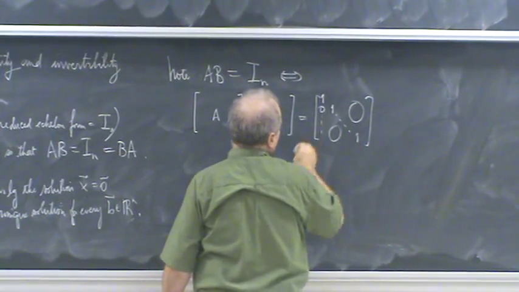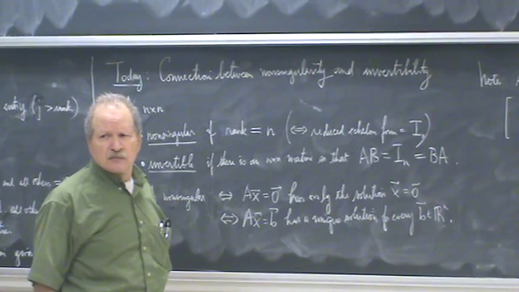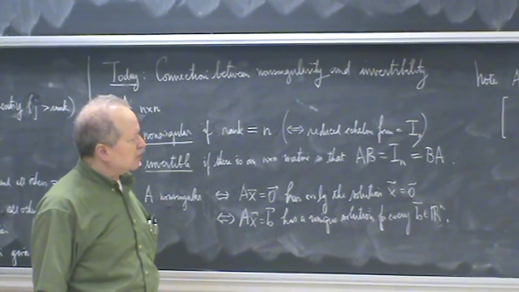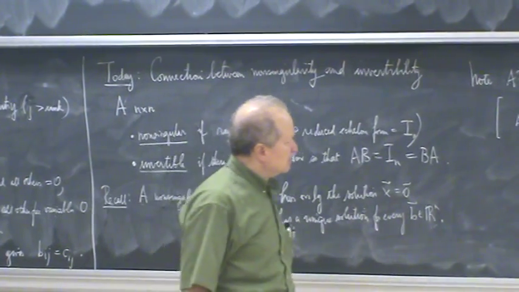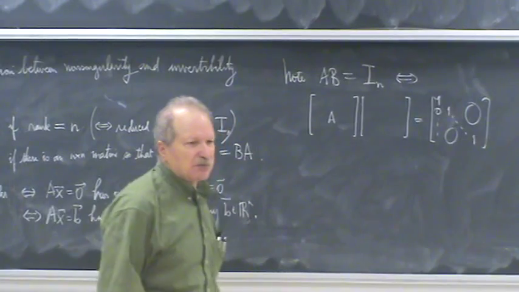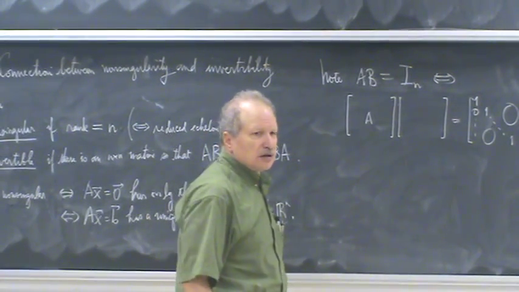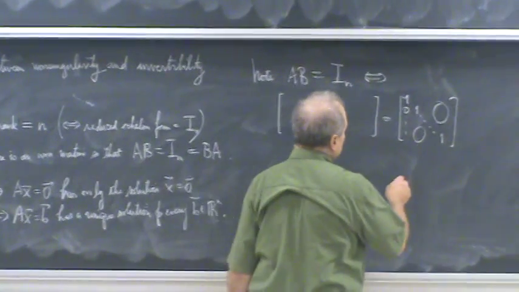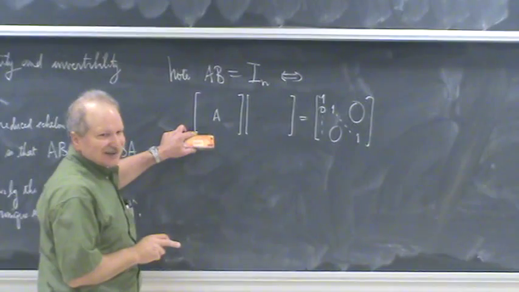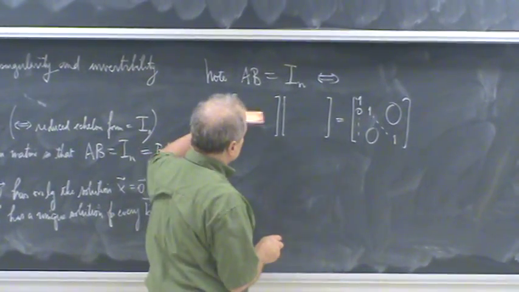Is it the ith row of A times the jth column of B? You're sort of close. But go back to how we first defined matrix multiplying by vector. How do we interpret matrix times matrix?